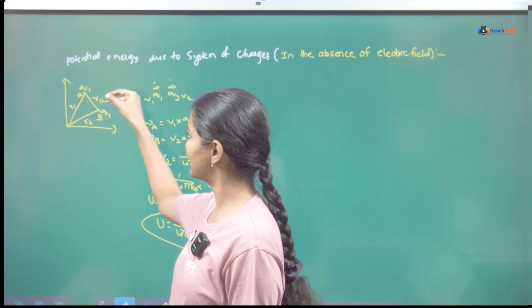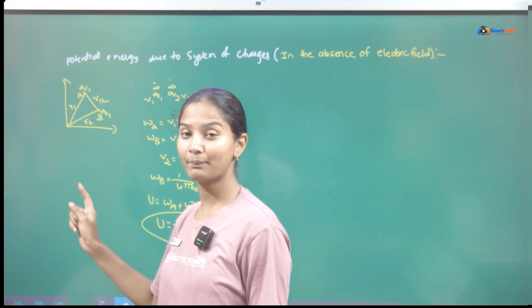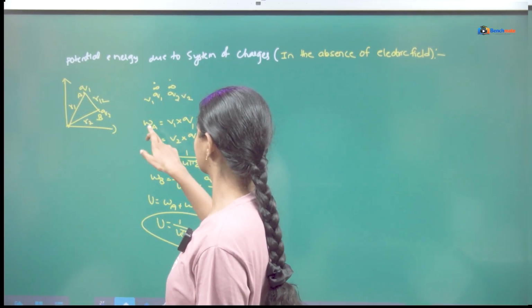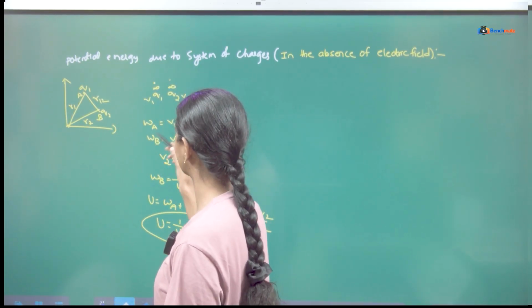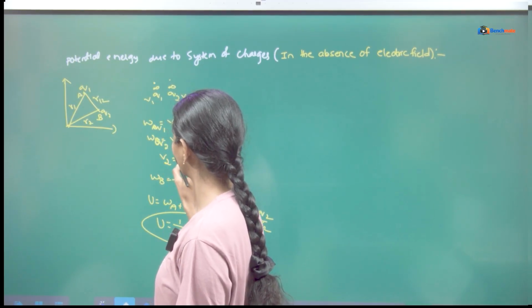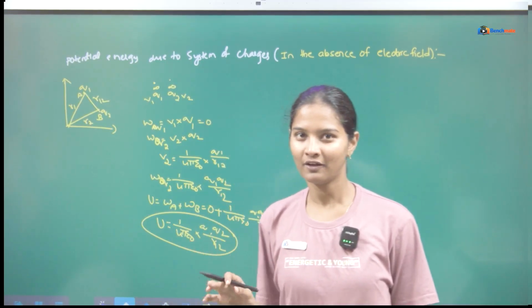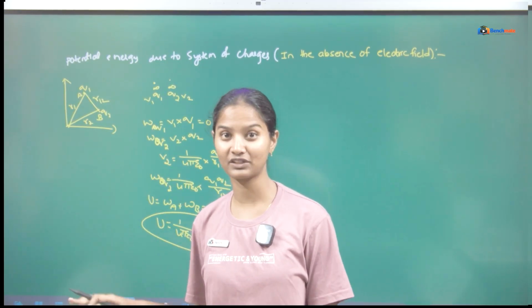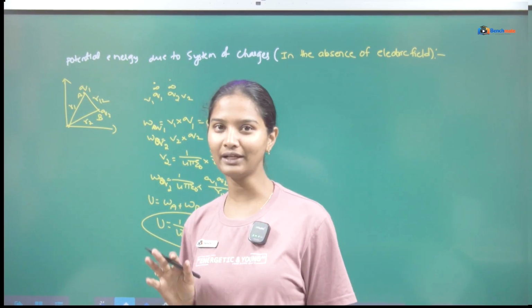Now when I am bringing Q1, that electric field will oppose Q1. So in the presence of electric field, this work done is not going to be 0 for you. Work done by Q1 charge, Q2 charge, is not going to be 0, because there is already an electric field which will oppose. So in that case, our answer is going to be different.